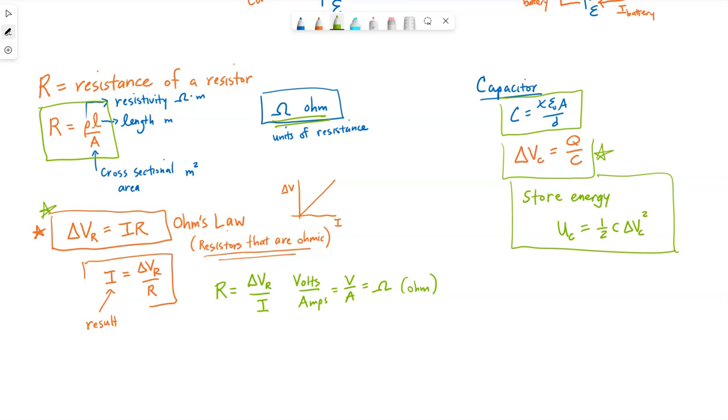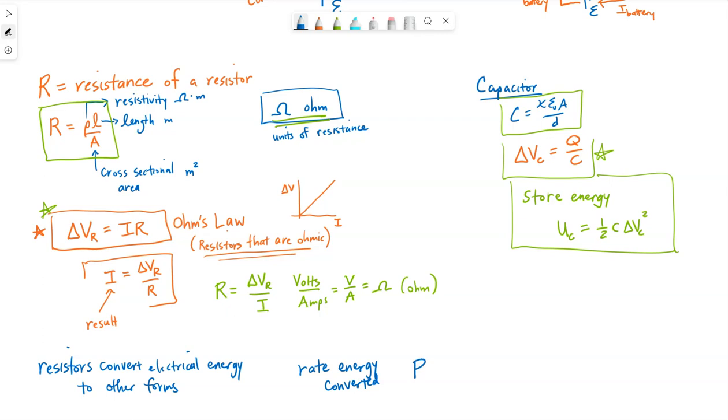Now, when it comes to energy, capacitors store energy. Resistors do not. Resistors convert electrical energy to other forms. So we talk about the rate that the energy is converted, meaning energy per time.